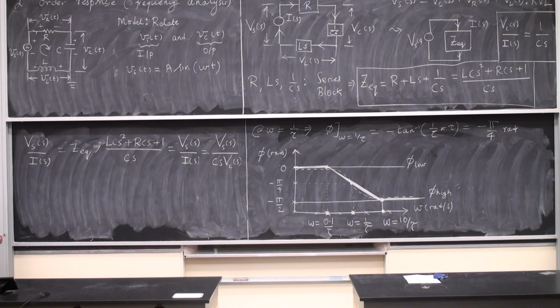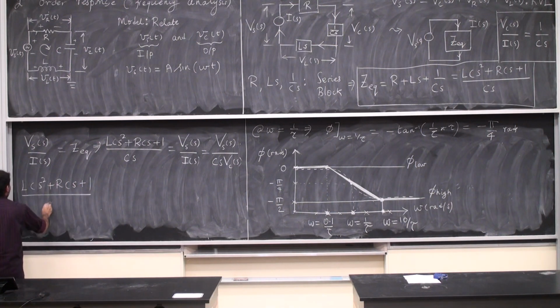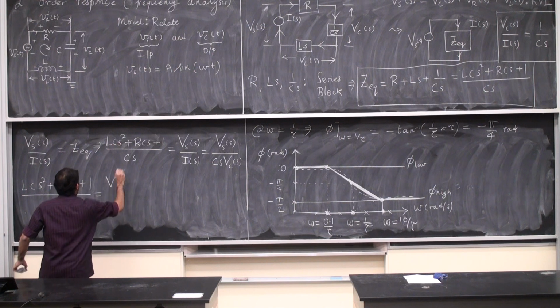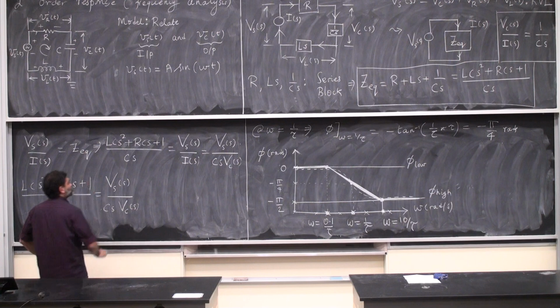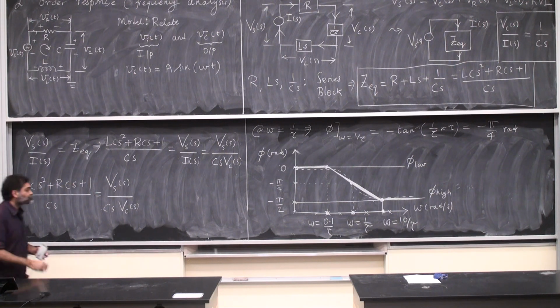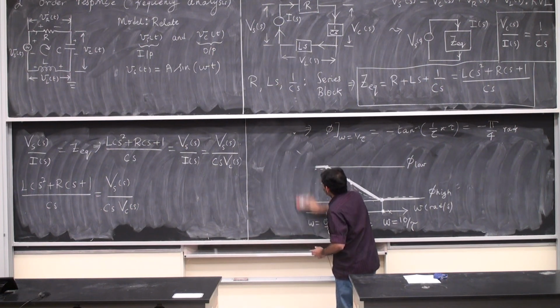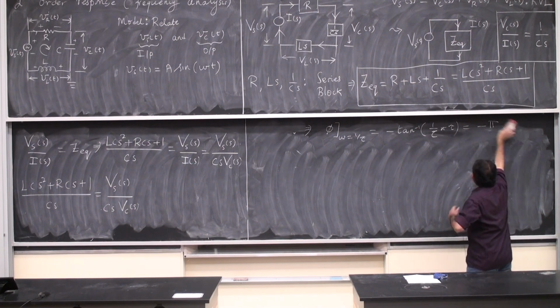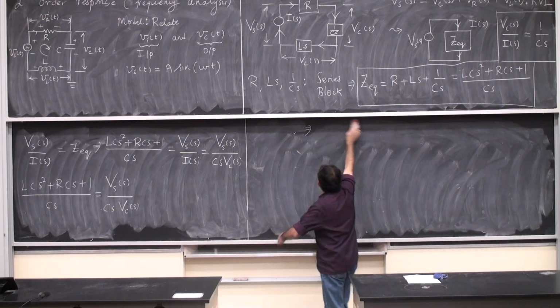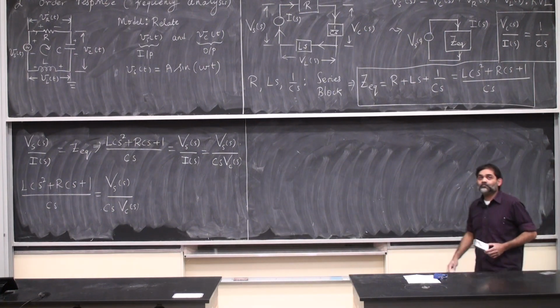And if I now write these two expressions next to each other, which you don't need to, you already have them. Is Vs times that. Cs is a common factor, cancel it off.